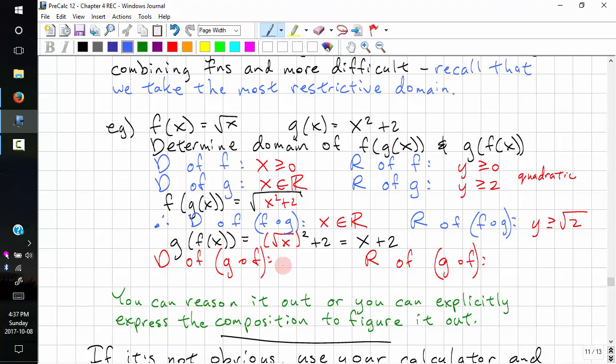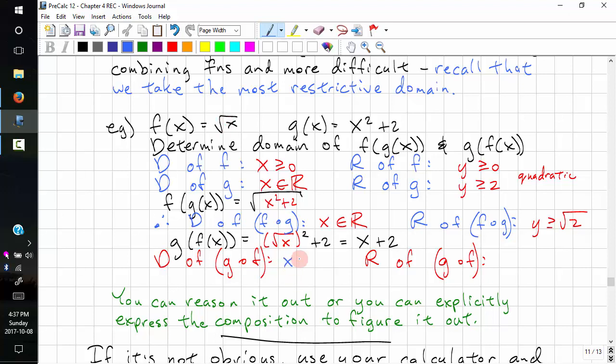Now, let's look at the domain for g of f of x. G of f of x is bracket. We need to substitute the brackets. Square root x squared plus 2. We can simplify this to x plus 2. Now, the domain for this is all reals, but we have to respect the domain of the inner function, which is f.